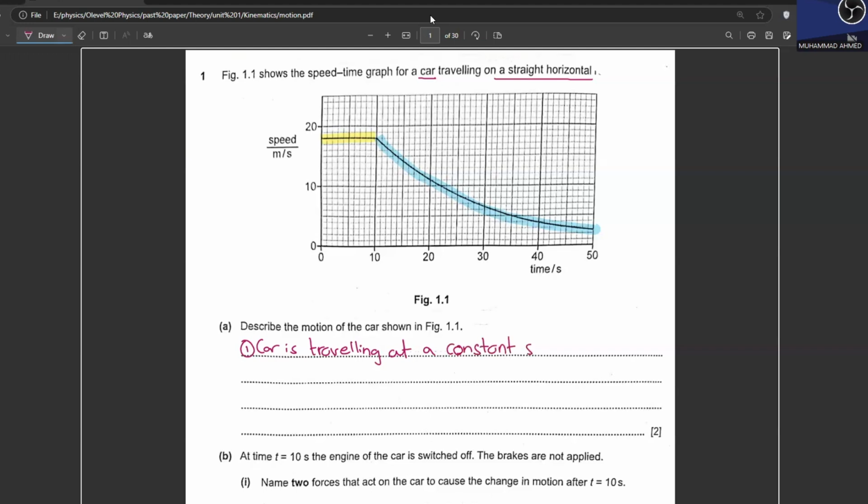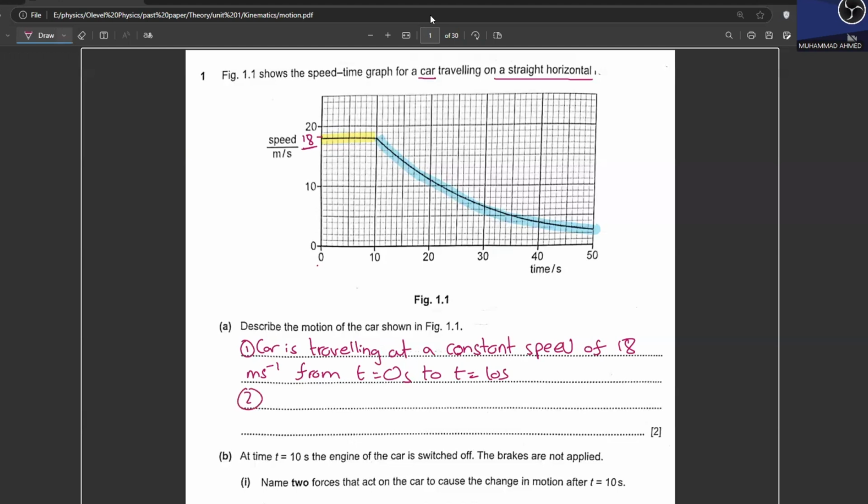And what is that constant speed? The car is traveling at a constant speed of 18 ms^-1 from t = 0 seconds to t = 10 seconds.